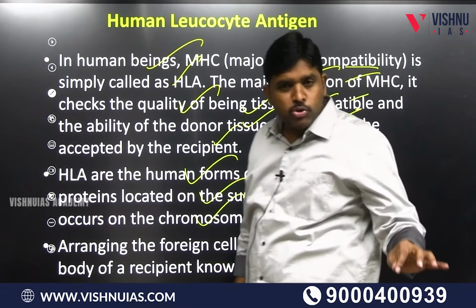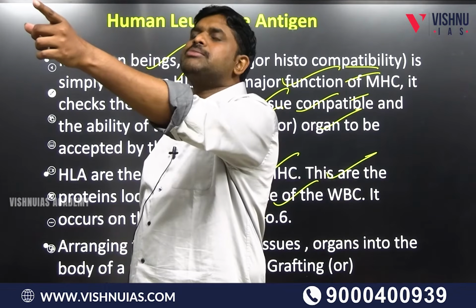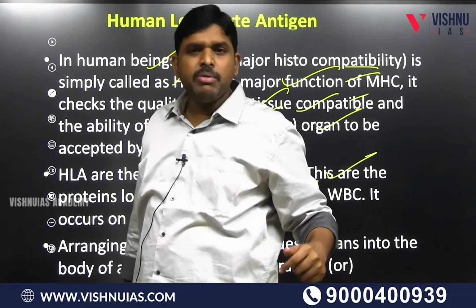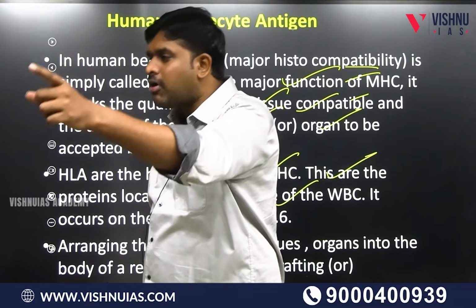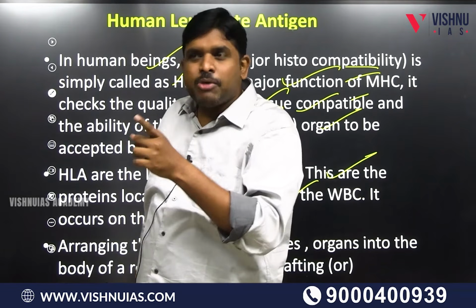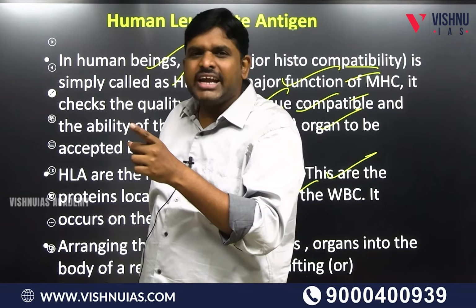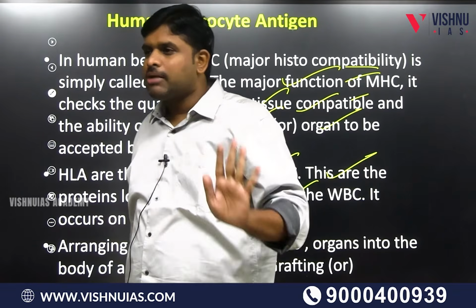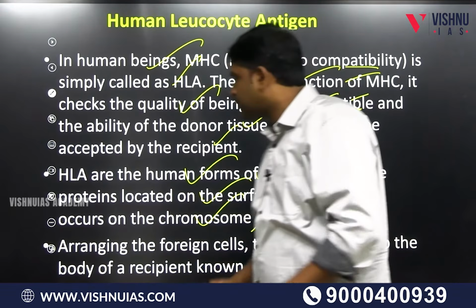On chromosome number 6, the gene is present, and the gene is responsible for manufacturing human leukocyte antigen. So whether human leukocyte antigen is a genetic marker or not, first I proved it is a genetic marker.